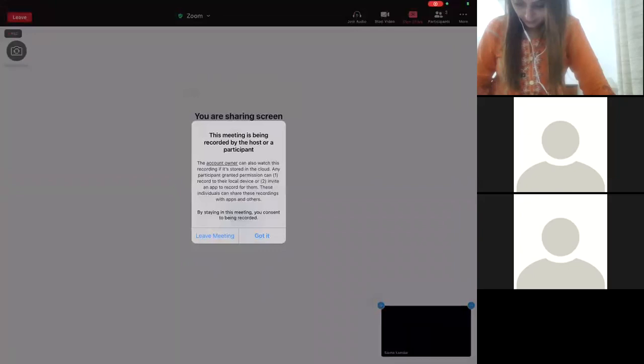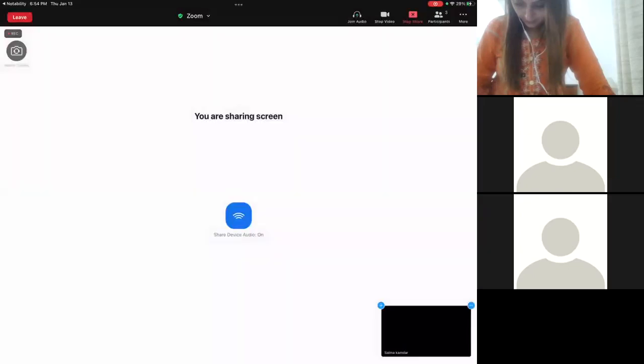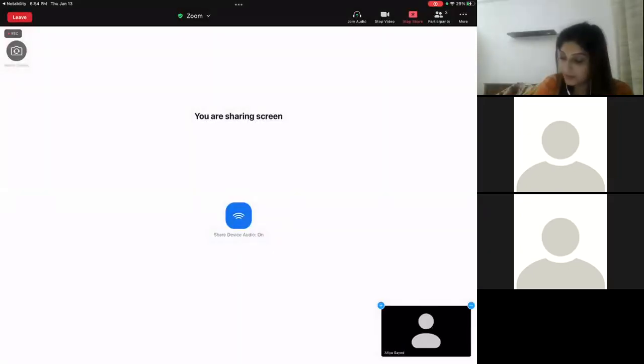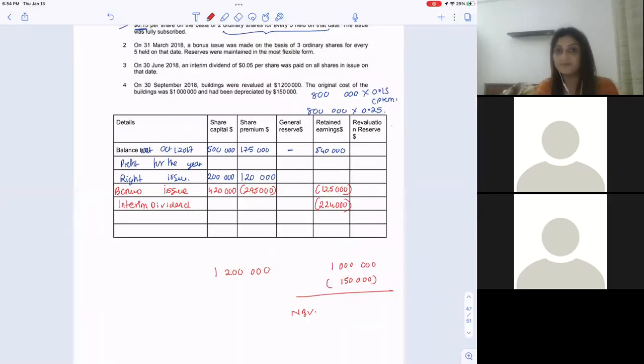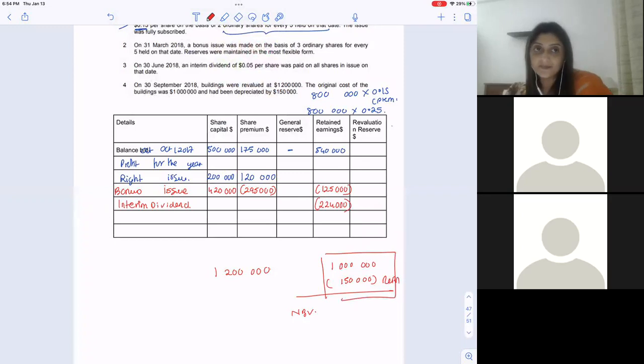So the net book value of the building is how much? Cost minus the depreciation will give me the actual value of the building, which is 850,000.